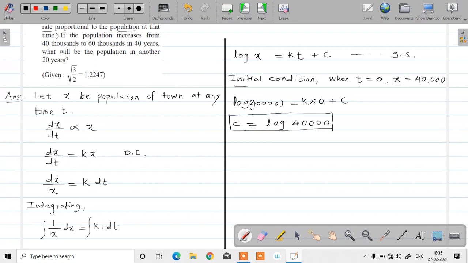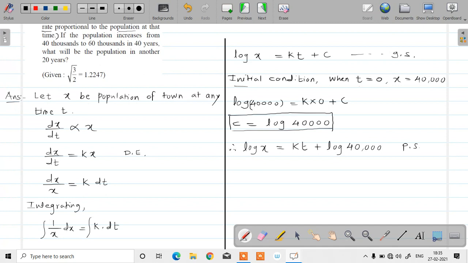Now rewrite the general solution as a particular solution. So we get the particular solution, that is log x is equal to kt plus log of 40,000. So this is now the particular solution.